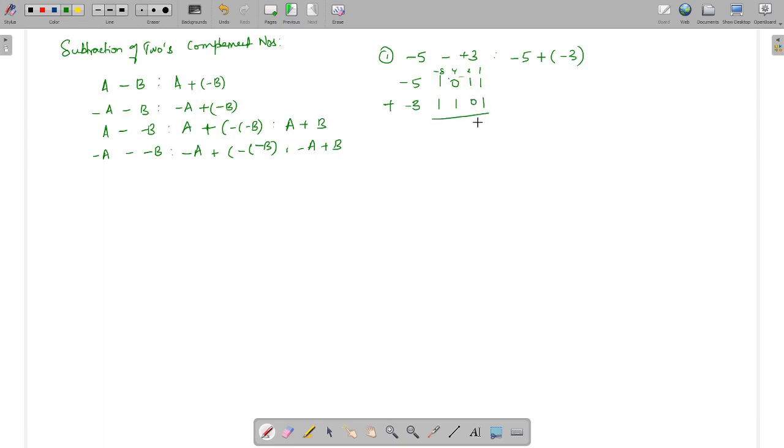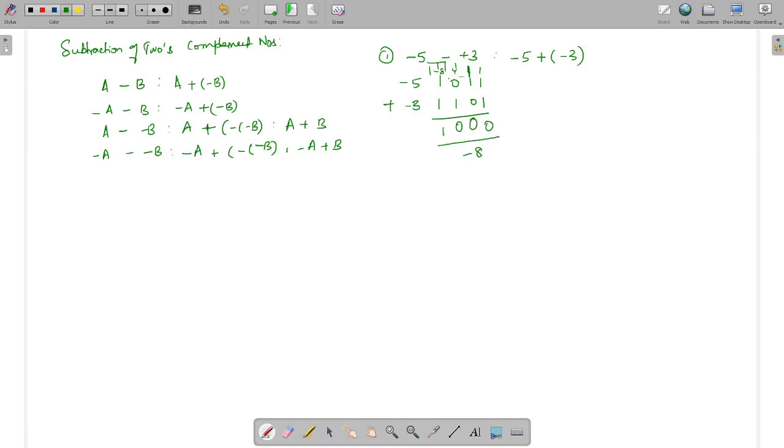Now you add these two numbers. 1 plus 1 is 0, carry 1, and so on, so you have 1, 0, 0, 0, which is nothing but minus 8.